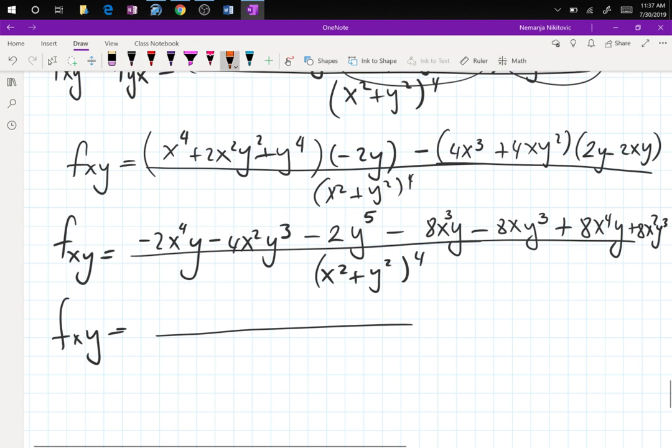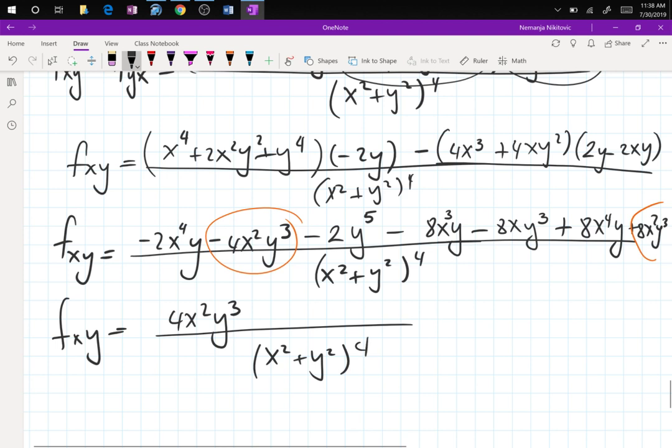Orange pair, we are looking for this term together with x squared y cubed. That's the last term. So I have 8 minus 4, 4x squared y cubed. Minus 2y to the 5th does not have a match. x to the 4th y, x to the 4th y, so plus 6x to the 4th y. So that's the blue.